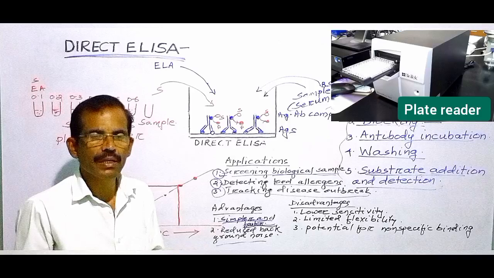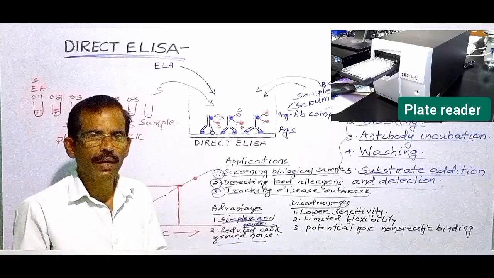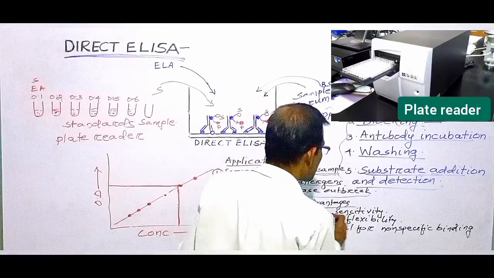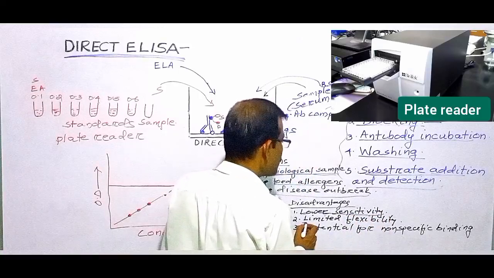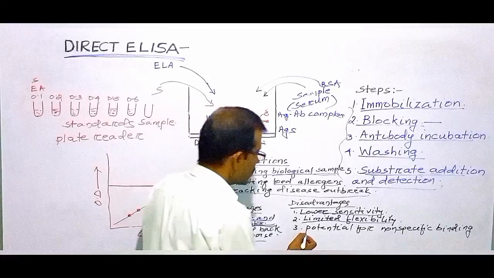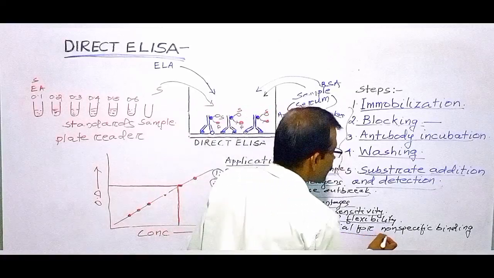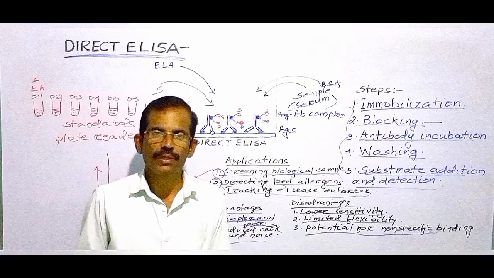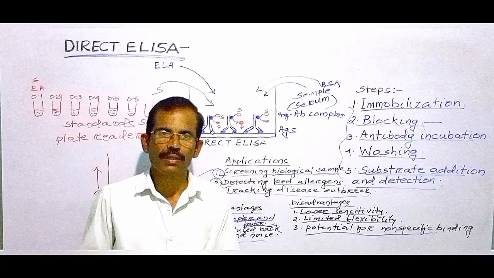However, this technique also has several disadvantages such as lower sensitivity, limited flexibility, and in addition, there is also a potential for non-specific binding. Friends, this is all about direct ELISA.